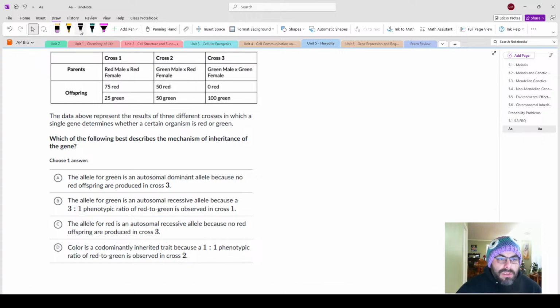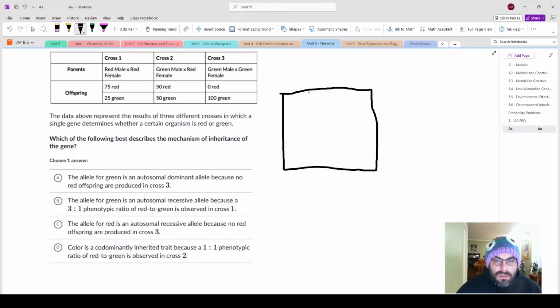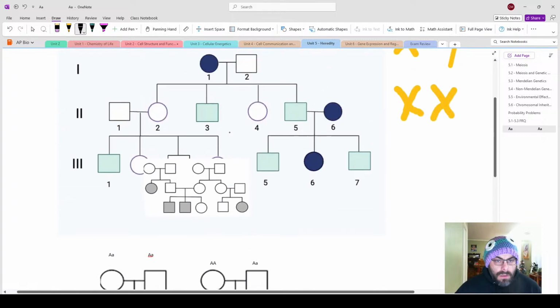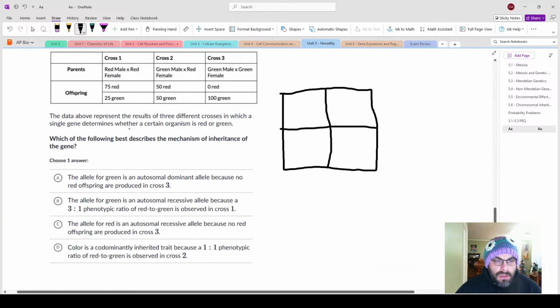It doesn't talk about the sex of the offspring. And so I would assume, if I was going to draw this, because these numbers are so varied, right? I'm going to assume that it's a sex-linked pattern. Maybe not, though. Maybe not. Let's look.